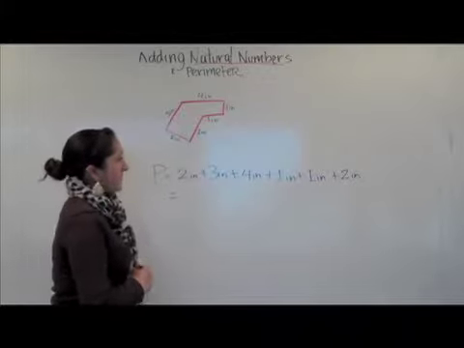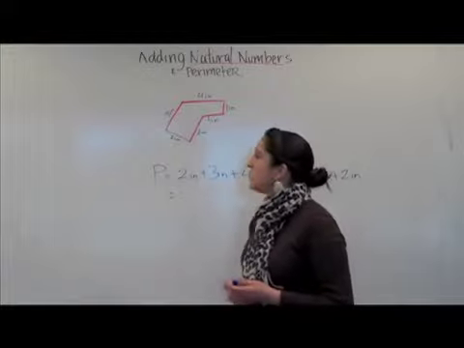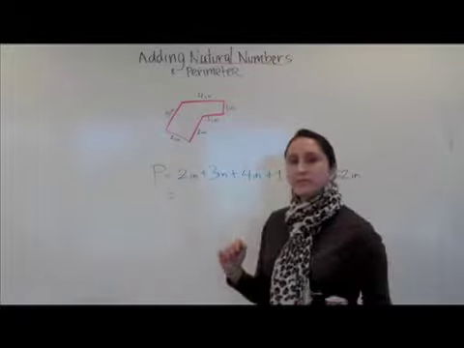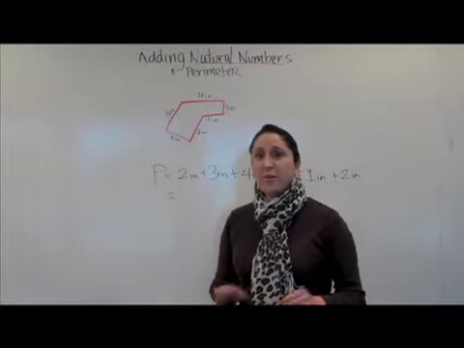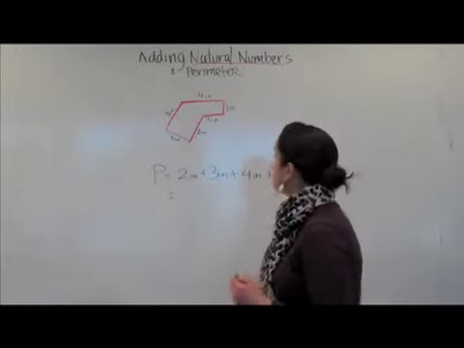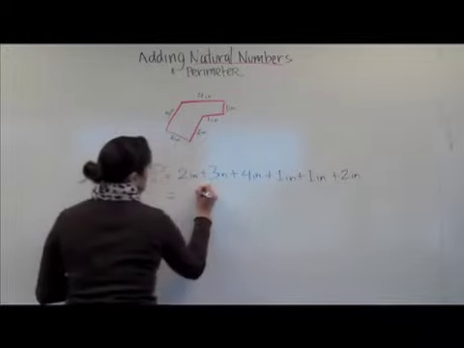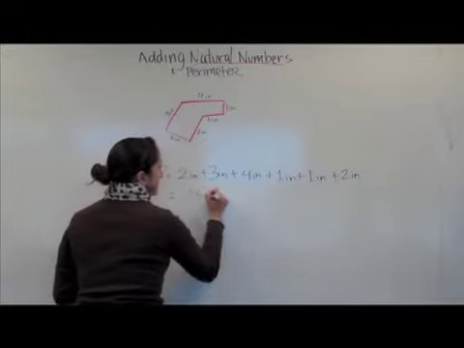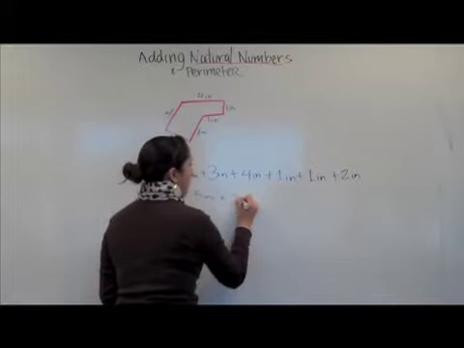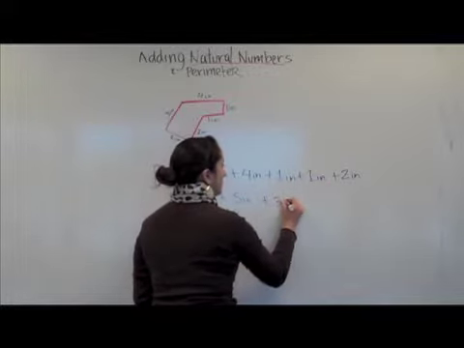From our previous properties, the associative property tells us that we can just start adding, if we have positive natural numbers or positive whole numbers. 2 plus 3 gives us 5 inches, plus 4 plus 1 gives us 5 inches, plus 1 plus 2 gives us 3 inches.